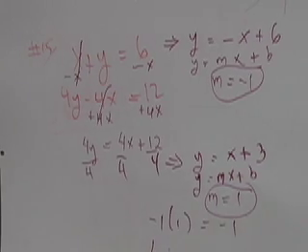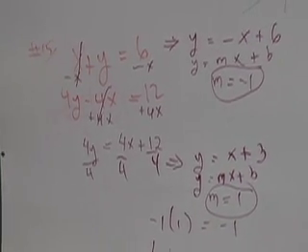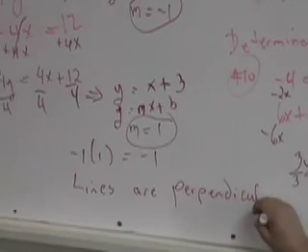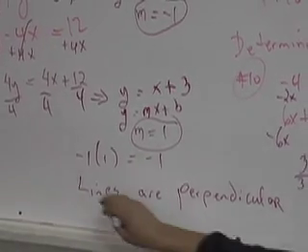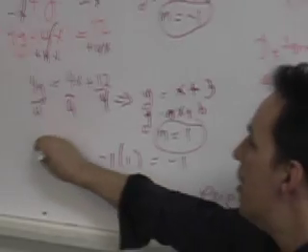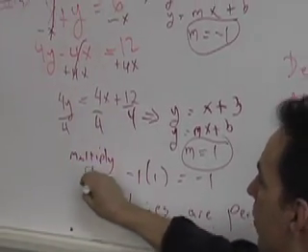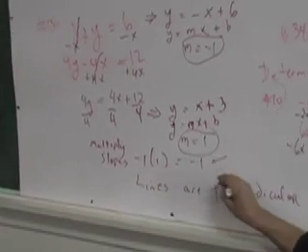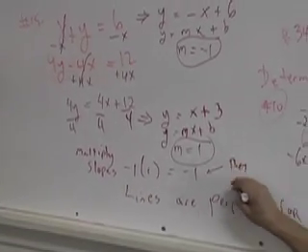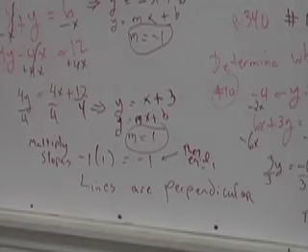Perpendicular. So you multiply the slopes, they equal -1. Fantastic.